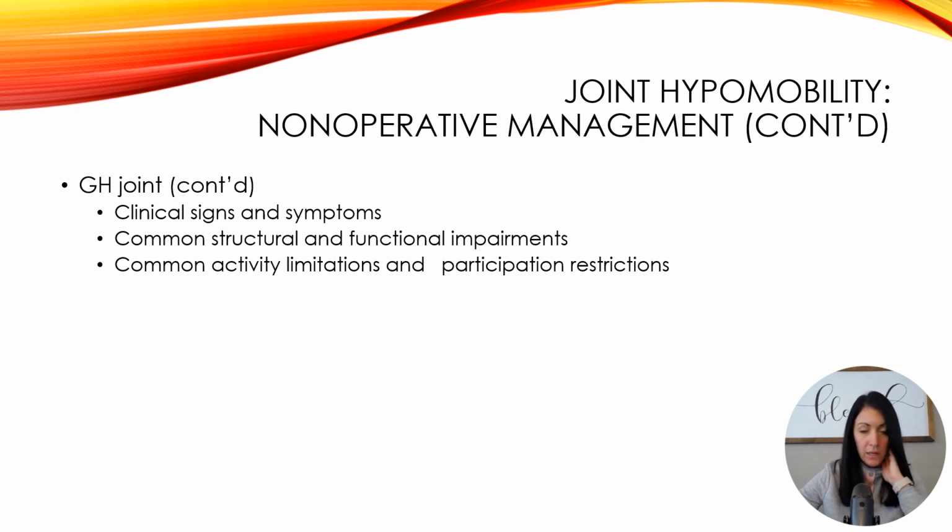For recommendations, let's go over the risk factors just to verify. For the CPG, you as a PTA should be able to recognize that a patient with diabetes mellitus and thyroid disease is at risk of developing adhesive capsulitis, and that adhesive capsulitis is more prevalent in individuals of 40 to 65 years of age, female, and if they've had a previous episode of adhesive capsulitis in the contralateral arm.